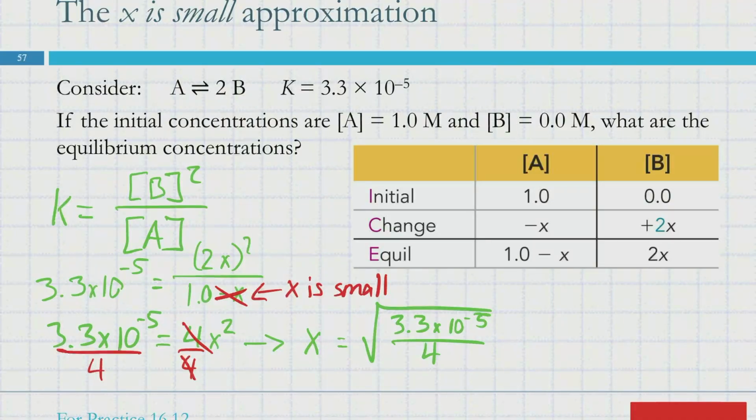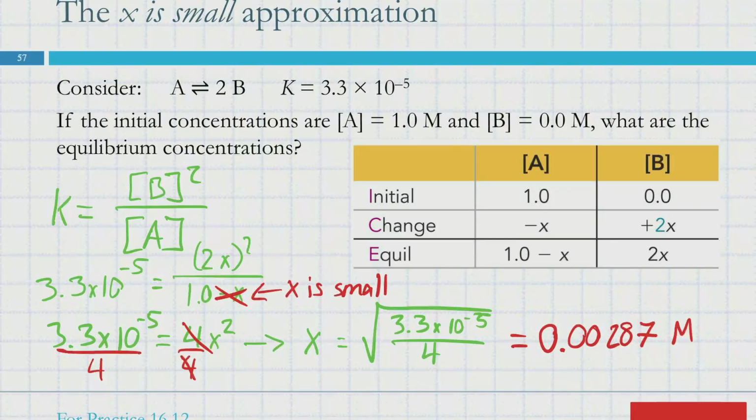And we get an x value of 0.00287 molar. So if x is small, then that's our change in concentration.